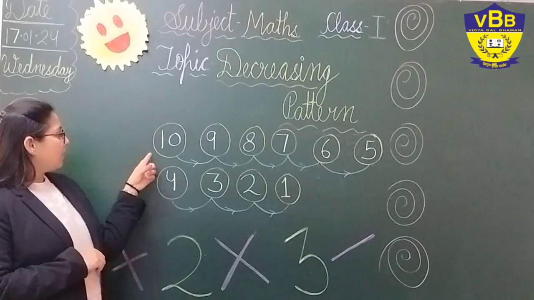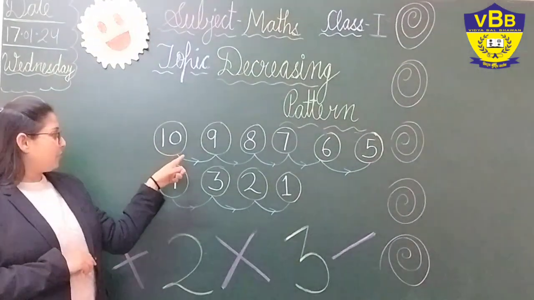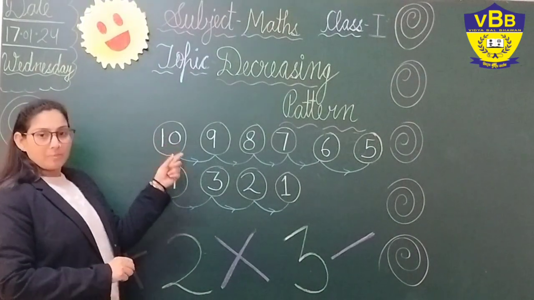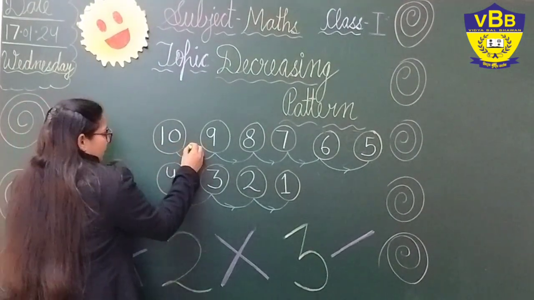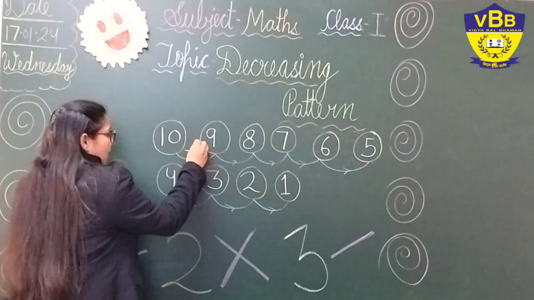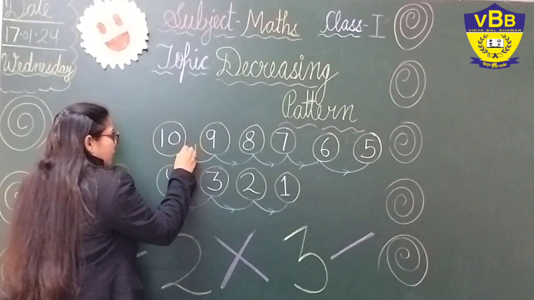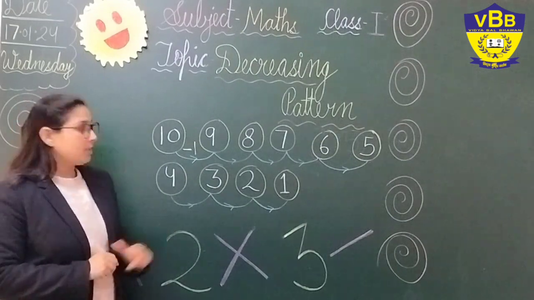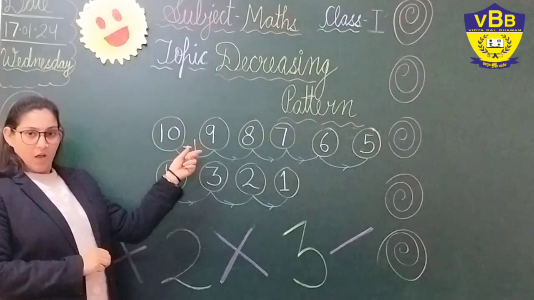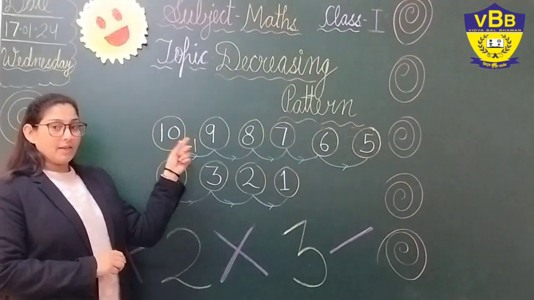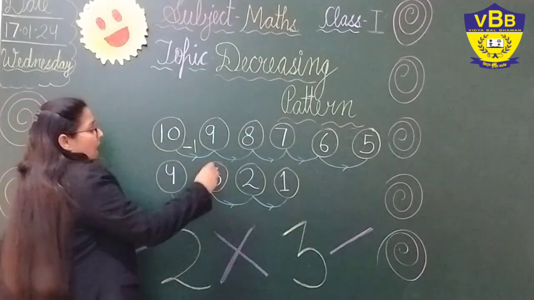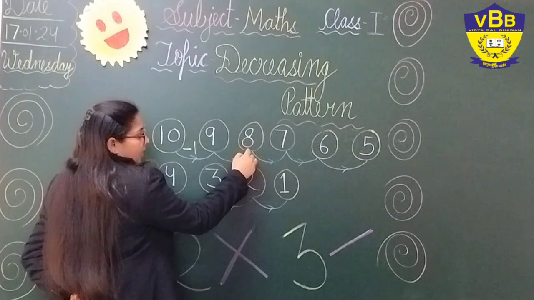You can see here, after 10 what have I written? 9. It means I have subtracted 1, and then I get the number 9. After this I wrote 8.